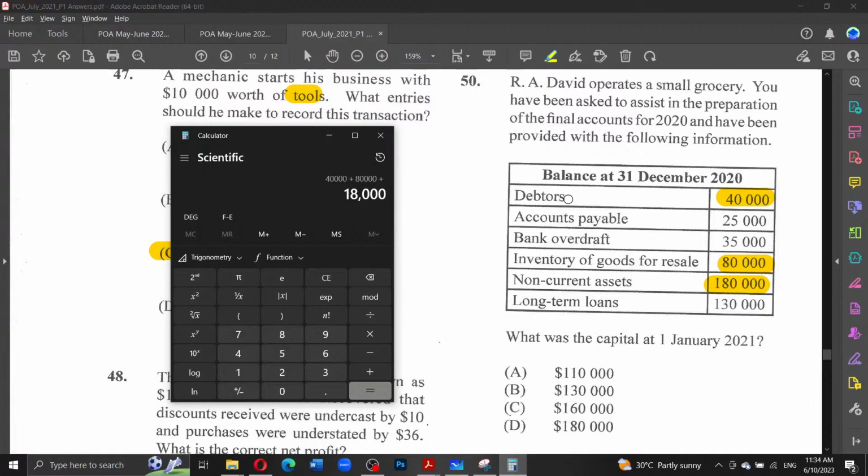This is supposed to be 260,000. Minus 25,000, minus 35,000, minus 130,000. The answer is 110,000.